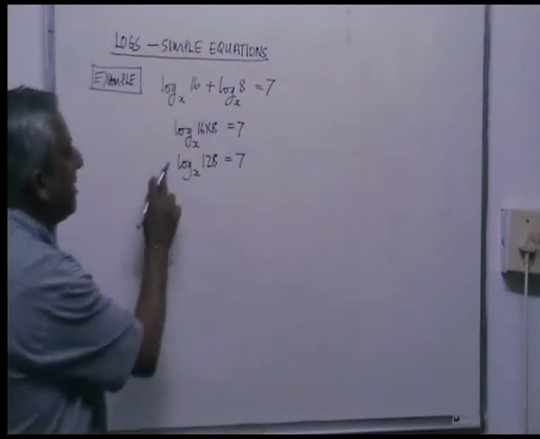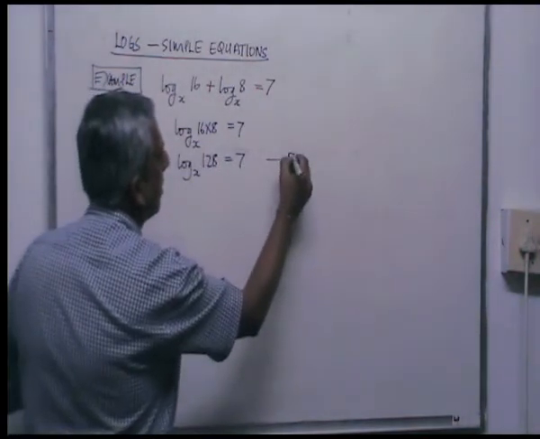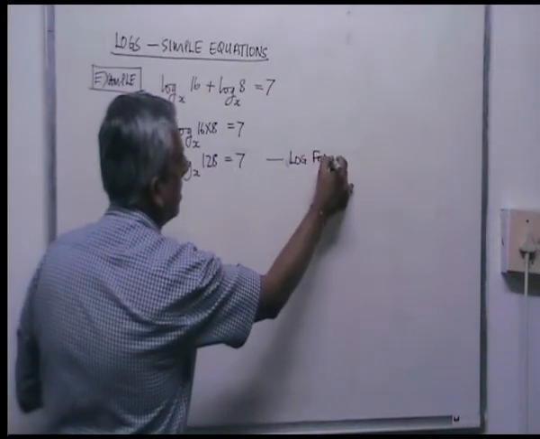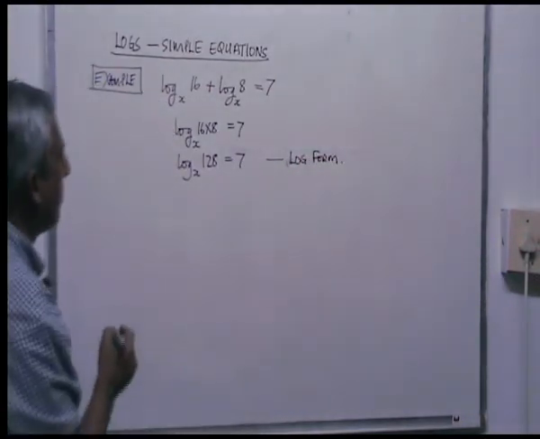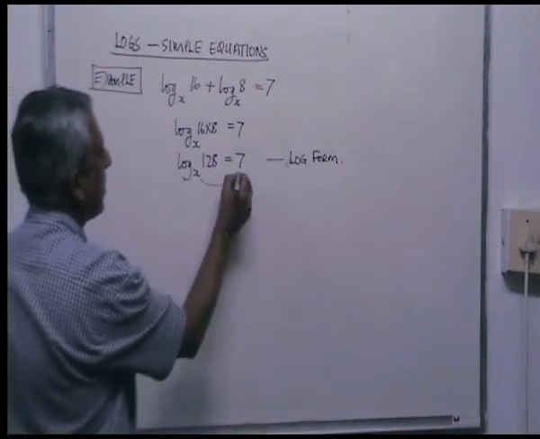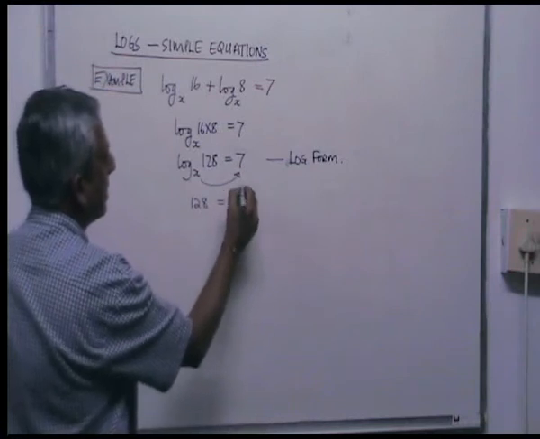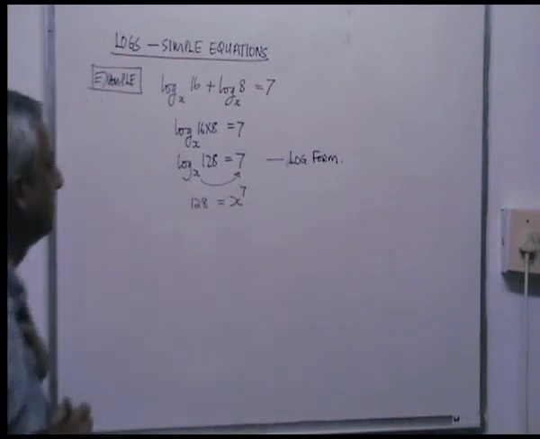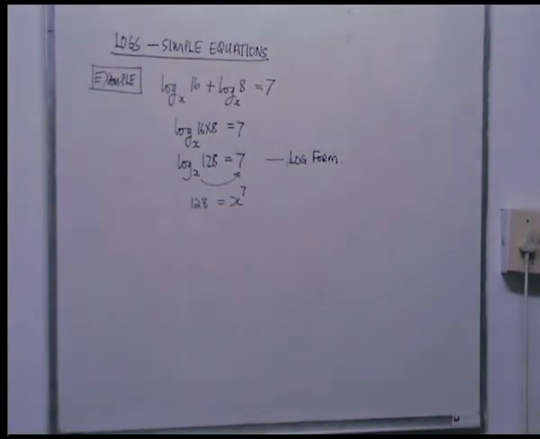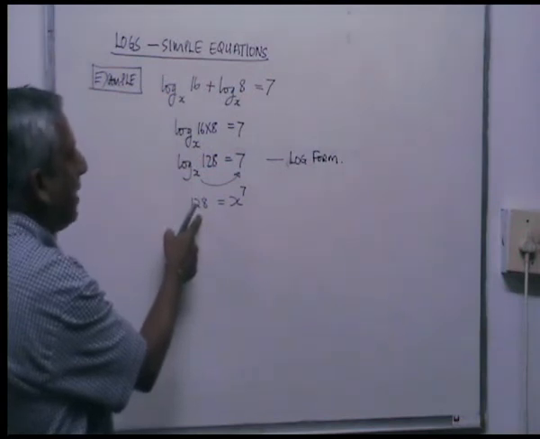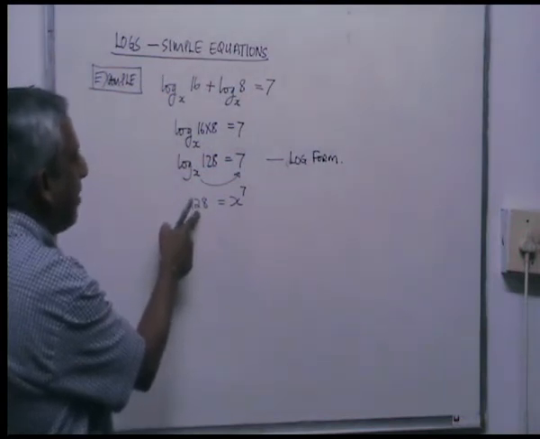Now when you come to here, this is log form. What you do now is change it to index form. So 128 is equal to x to the 7. Now you remember from powers, 128 is a power of 2.